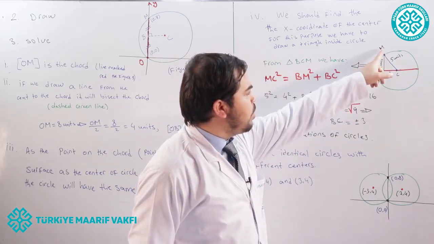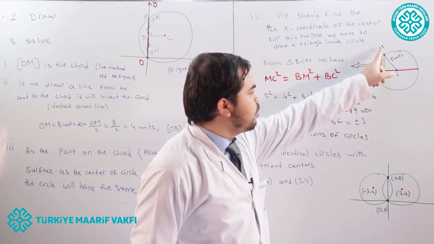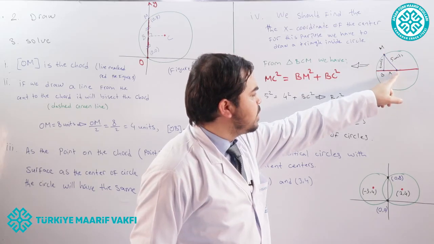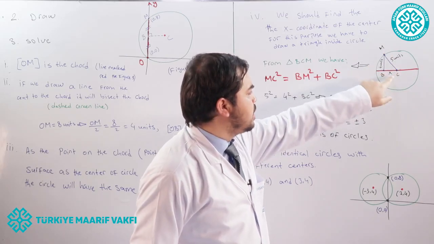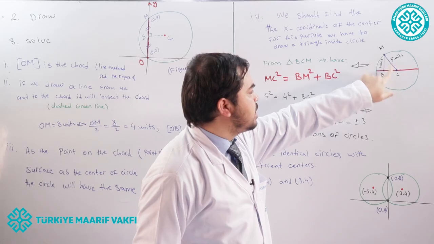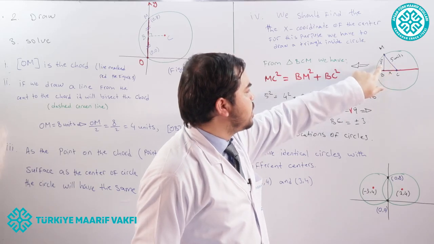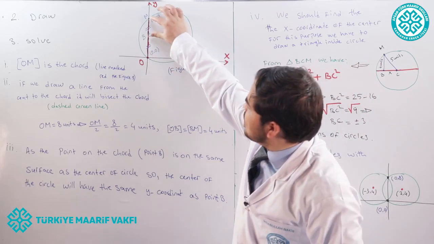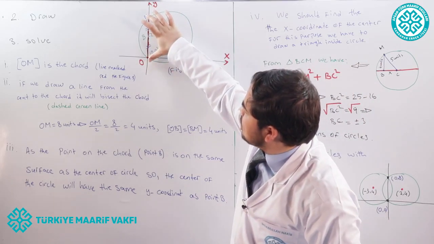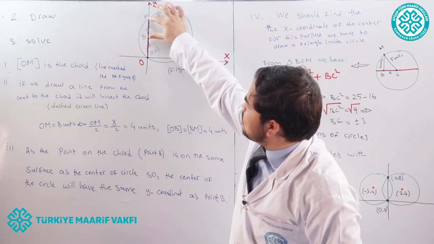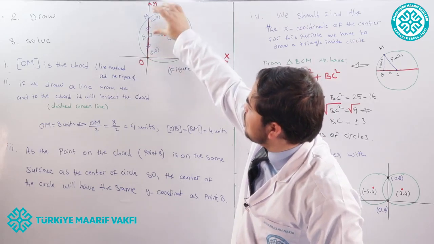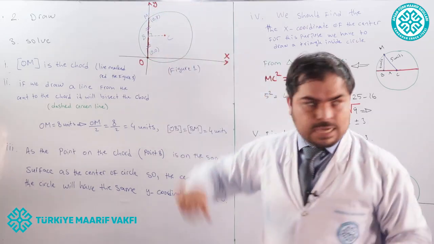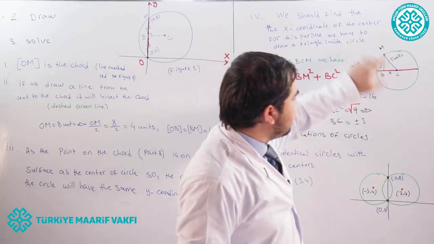From point B we draw a line to point M, and from point M a line to point C, and then we have a line between B and C, which is x. That's unknown. We have 4 units here because the chord was 8 units. This part is 4 units, and this is also 4 units. So we took that part and brought it here.